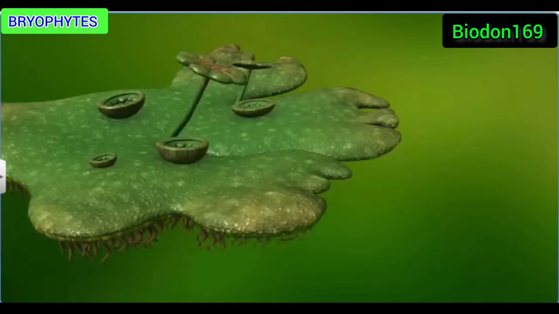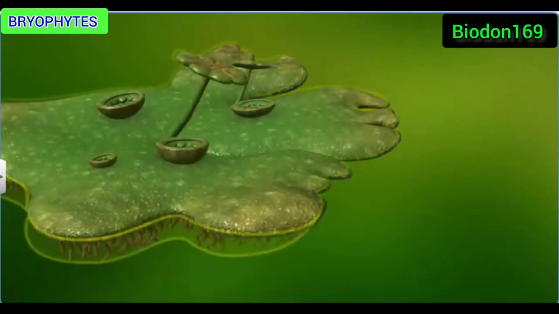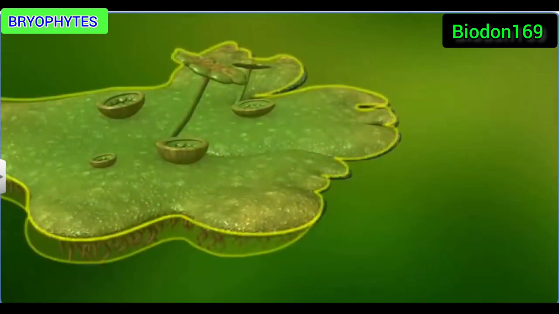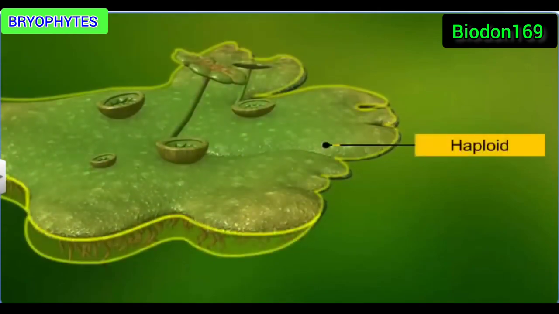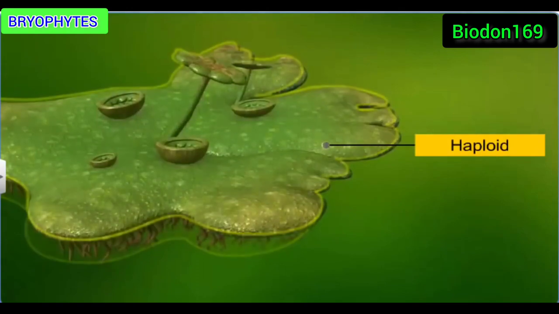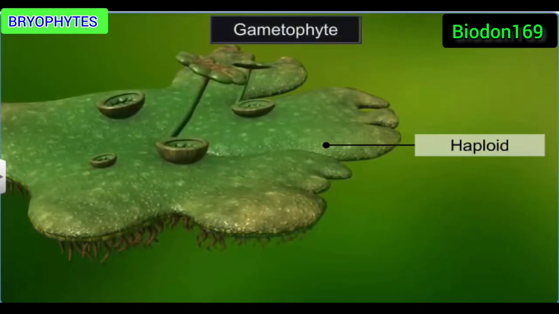The plant body does not have true roots, stem or leaves, but possesses similar structures. The main plant body of a bryophyte is haploid. It is also called a gametophyte as it produces gametes.